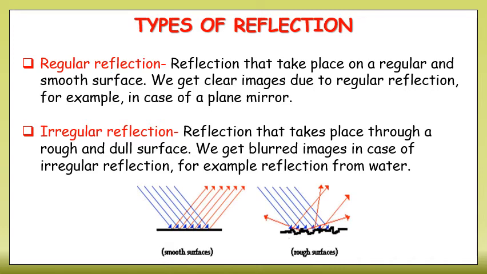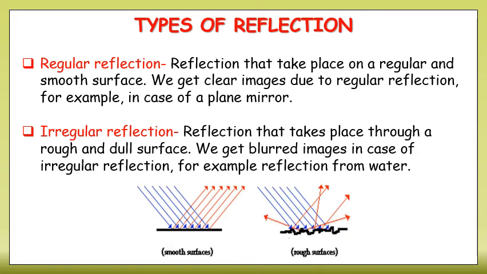In this case, the reflected light moves only in a fixed direction. We get to see clear images due to regular reflection. For example, in case of a plane mirror. In a plane mirror, on a regular and smooth surface, we get a clear image.